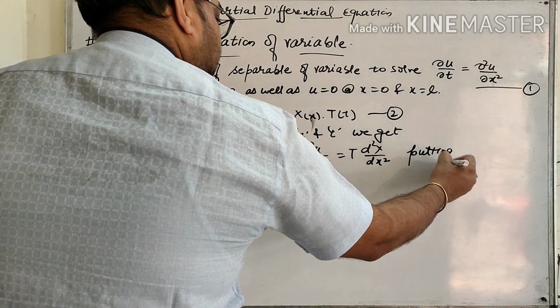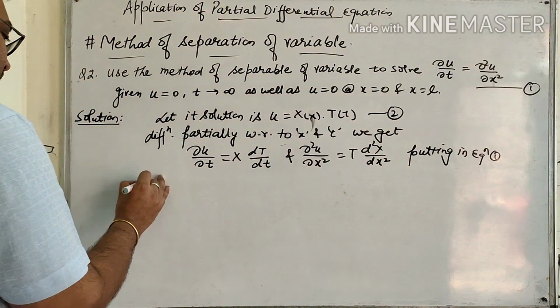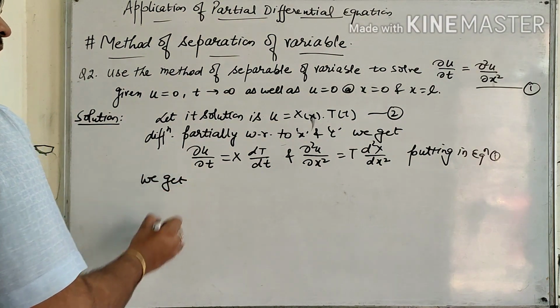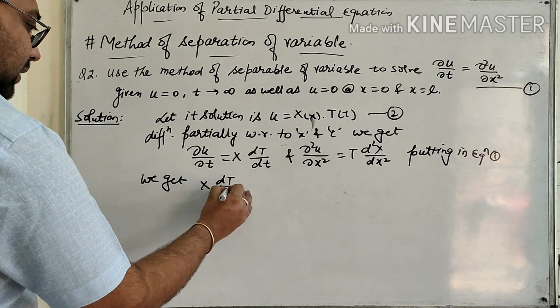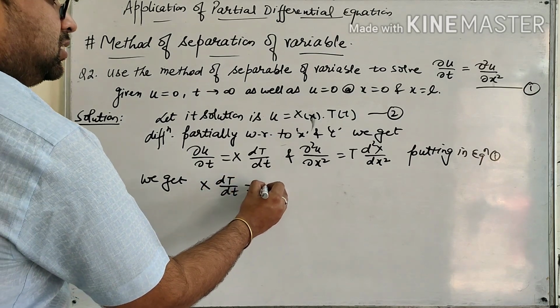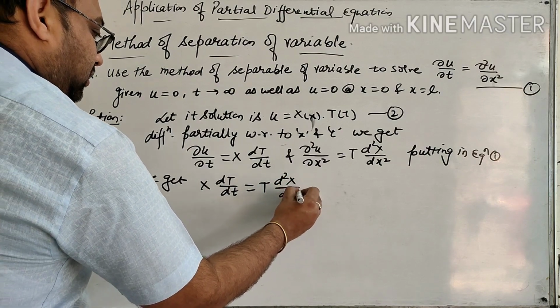So putting in equation number 1, we get X dT/dt equals T d2X/dx square.